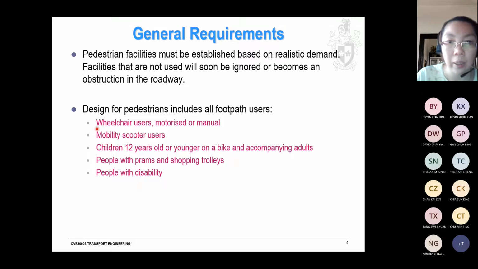Okay, so these are all the categories of users of your footpath. All right, and this footpath could be in a very busy central district area in the middle of the town, or it could be a footpath in the neighborhood. The footpath could be at different locations. Okay, so therefore it caters for different categories of users.